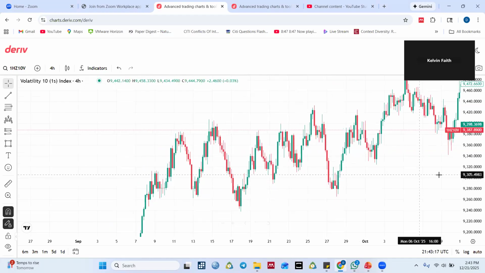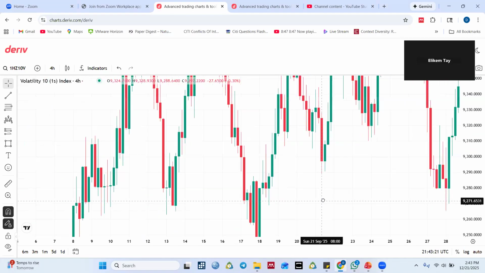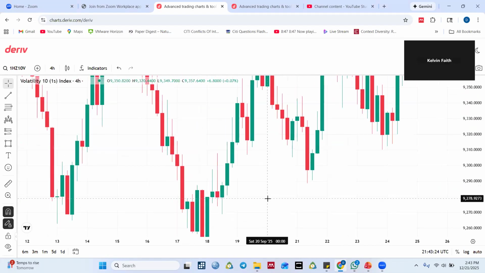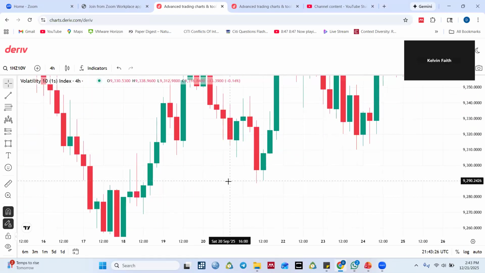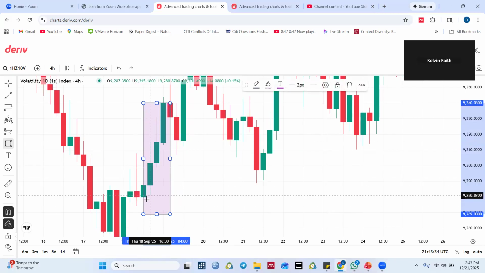And which one is a fair value gap? An example of a fair value gap is here. I'm trying to see a perfect example. So three candles in a row. Watch this bullish move to the upside. You see one candle, second candle, third candle.